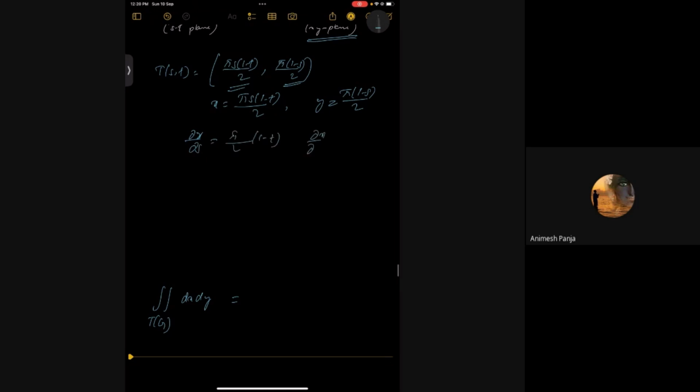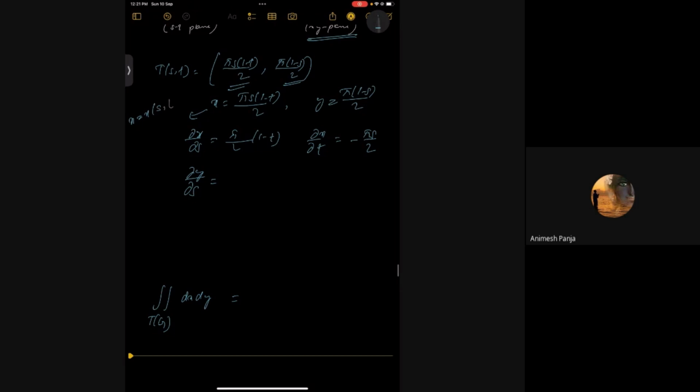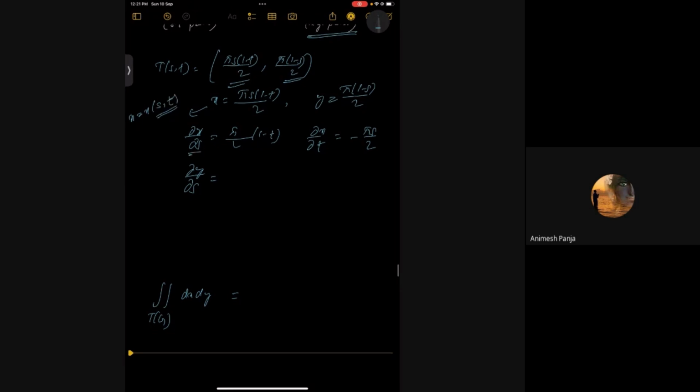Del x del t will be minus pi s by 2. Del y del s, because x is now a function of s and t, so we are finding the partial derivatives with respect to s and t. Y is again a function of s and t. So del y del s will be minus pi by 2, I think. Del y del t will be 0.